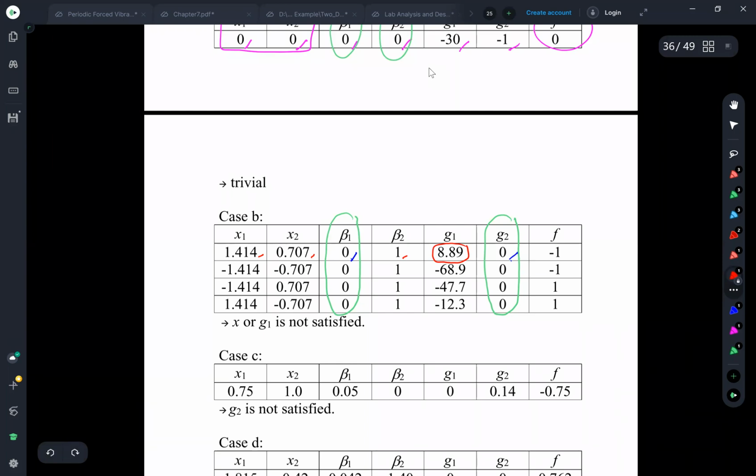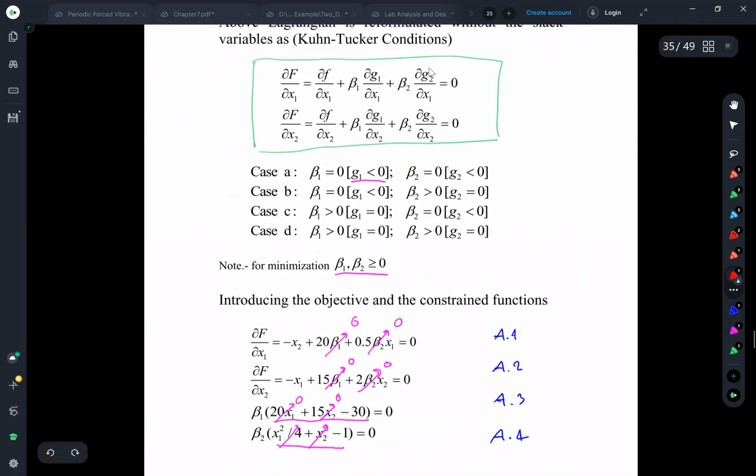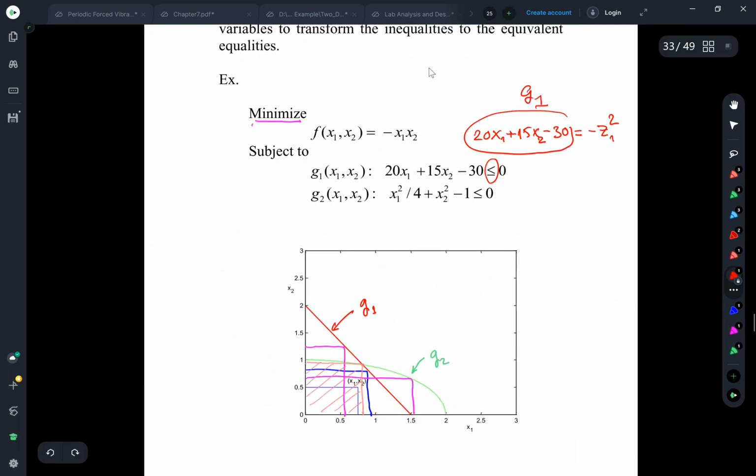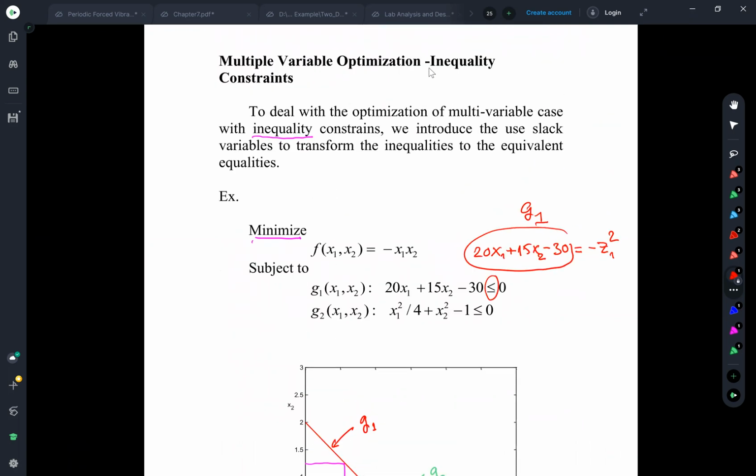It's not good because what? Because of the condition we have here: G1 and G2 both need to be less than zero. Look at the G1 function. This is an inequality constraint, and we set everything to the left-hand side and leave zero on the right-hand side and make the sign less than or equal to.